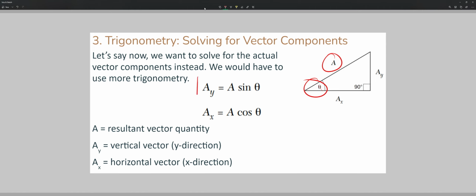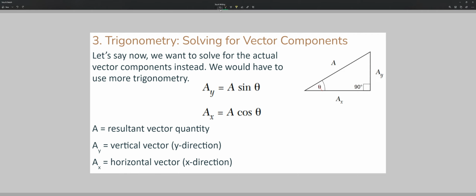We have to use these two formulas. Your ay is your vertical, your ax is your horizontal, and your a is essentially your launch velocity. You can find these two formulas on your reference table.